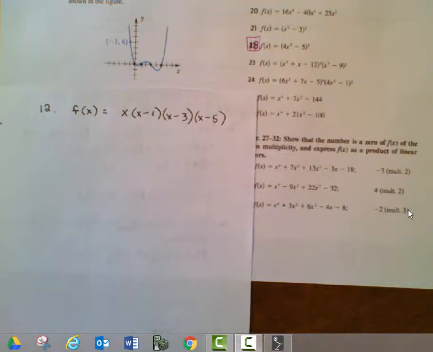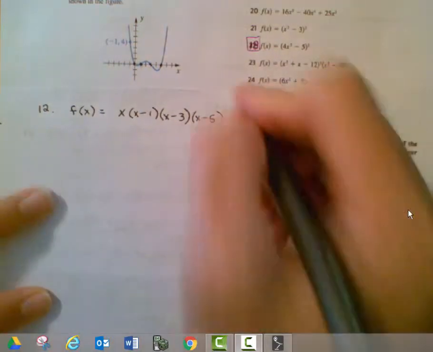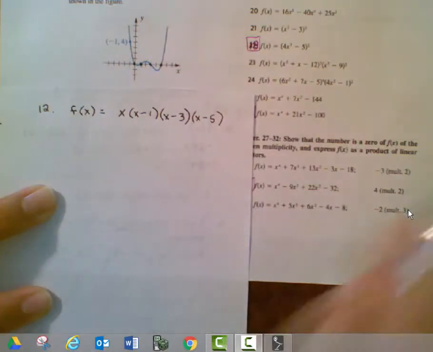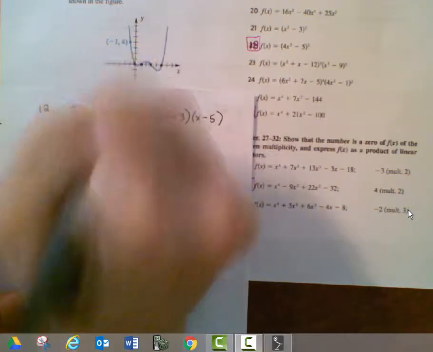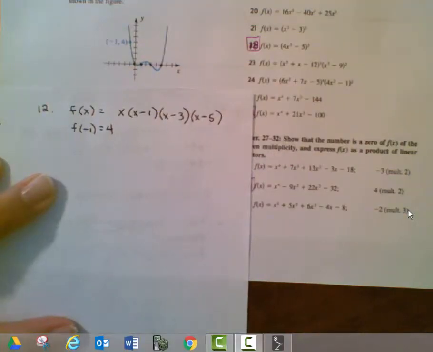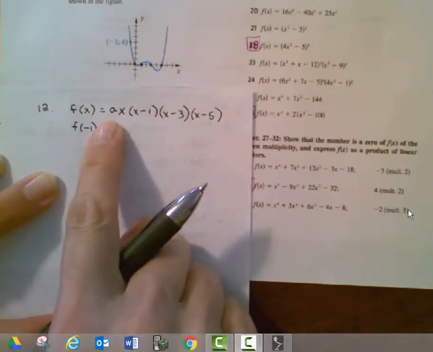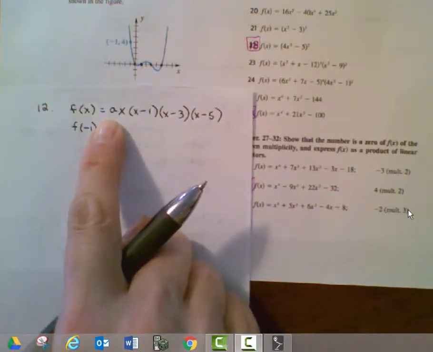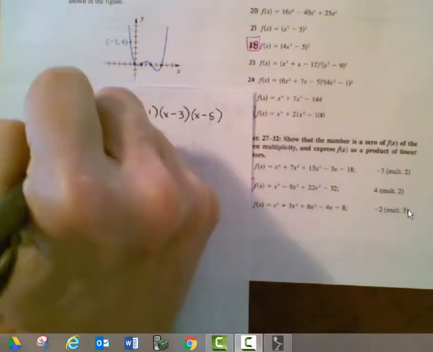So the only other bit of information that I need from the graph, the other condition that I need to satisfy, is that f of -1 has to equal 4, and I can use that to find the coefficient of the polynomial that I'm looking for, just like I have on the other problems.